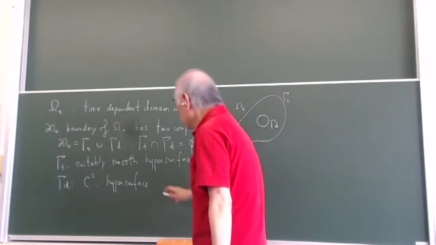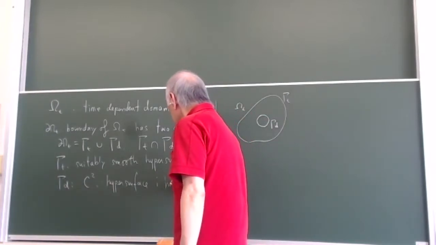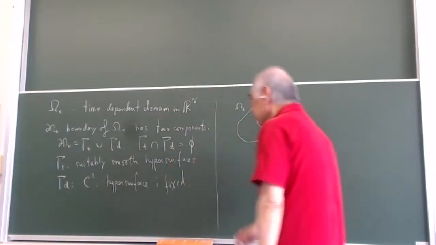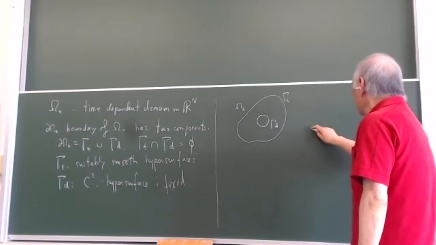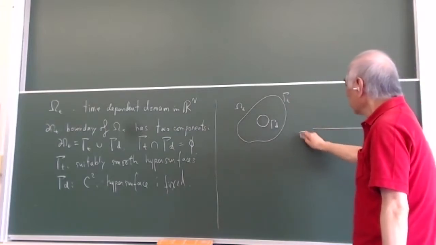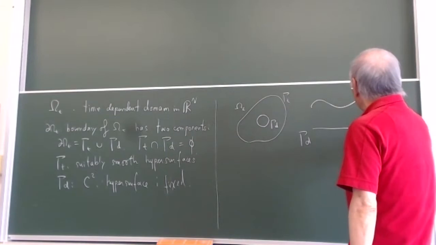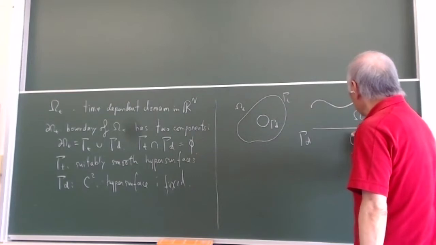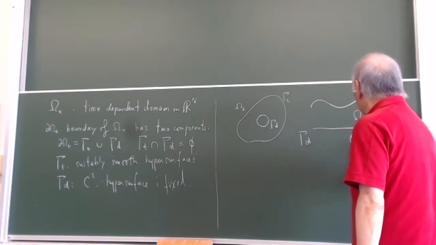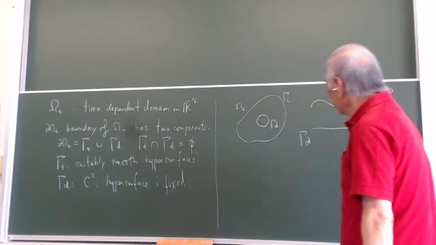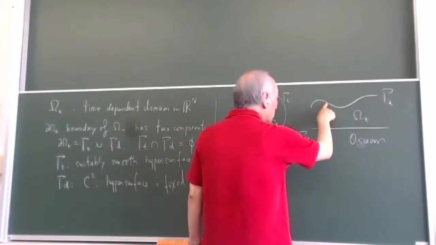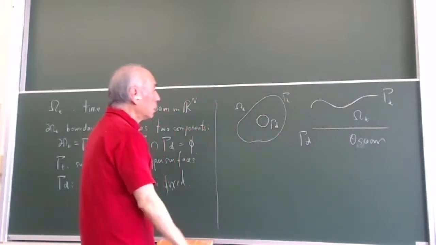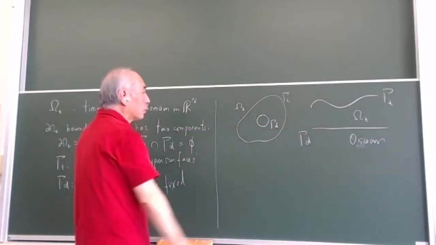So sorry, Gamma_D is fixed. Our ocean problem: Gamma_D is the bottom, and Gamma_t is the surface of the water. This is like an ocean. This kind of problem. Okay.